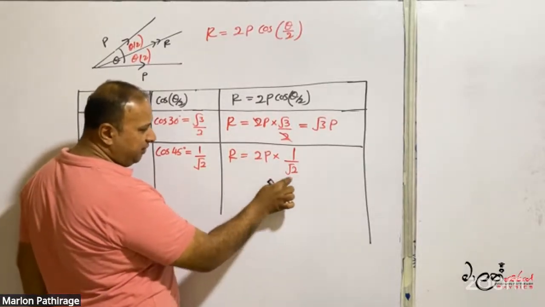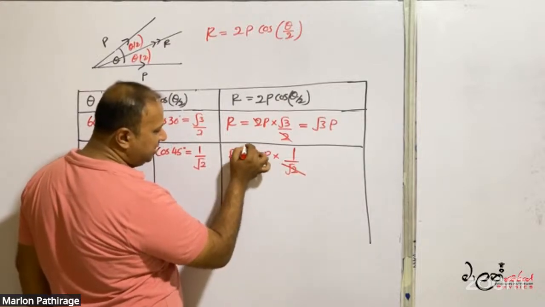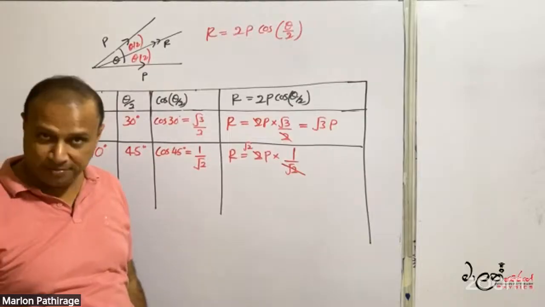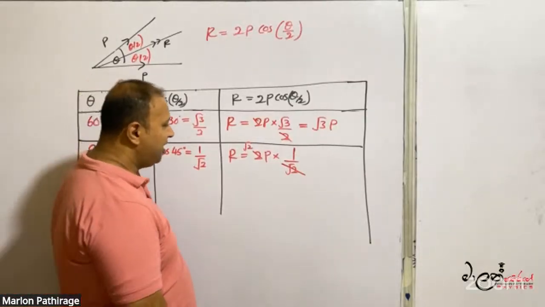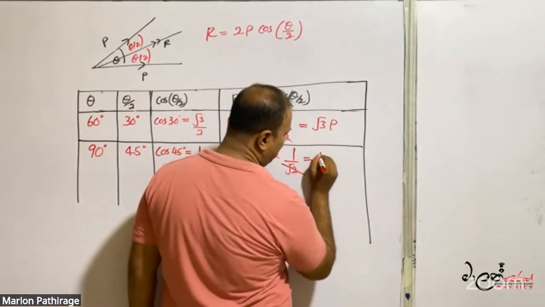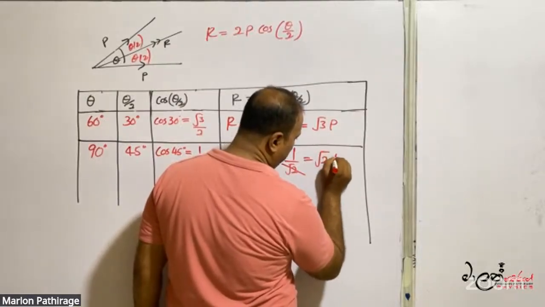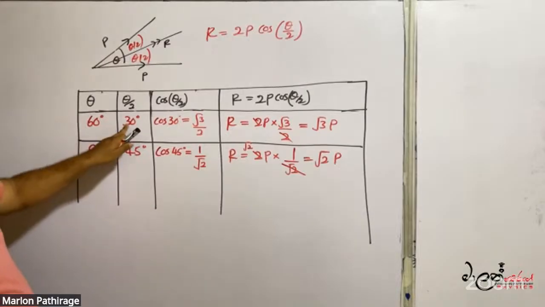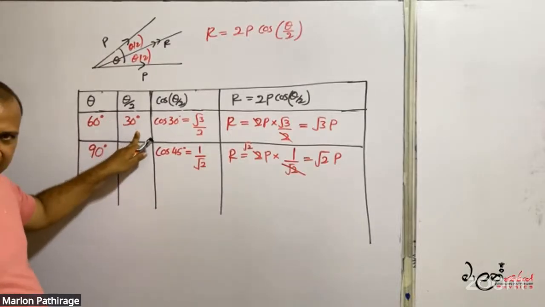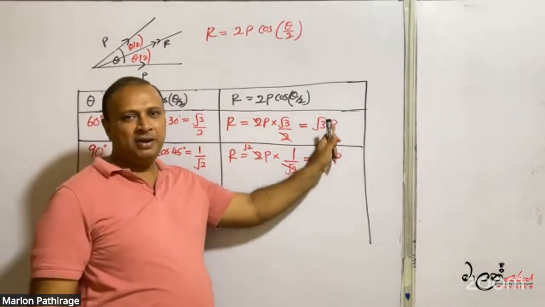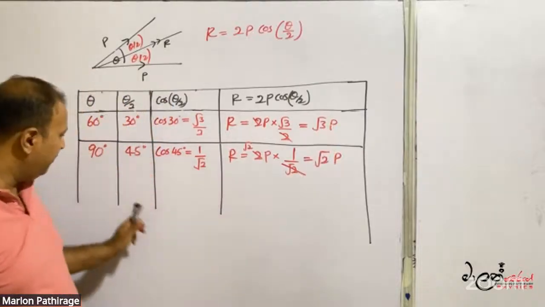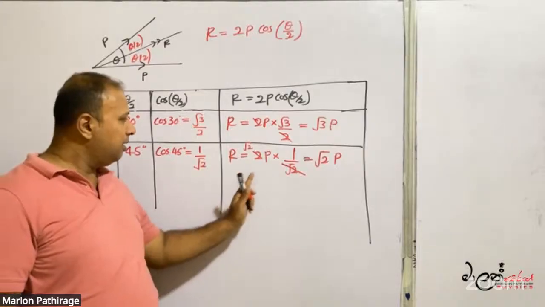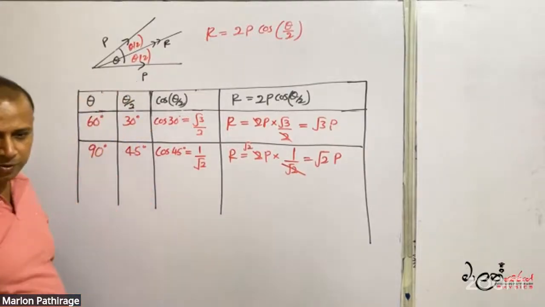If 2 is divided by root 2, the answer is root 2, because root 2 into root 2 is equal to 2. Therefore, the answer is root 2 p. But if it is 60, half angle is 30, therefore the value is root 3 p. If it is 90, half angle is 45, cos is 1 over root 2, therefore the value is root 2 p.